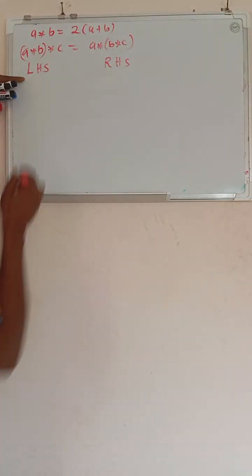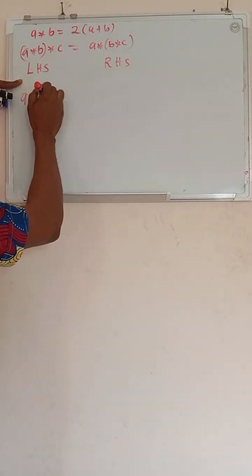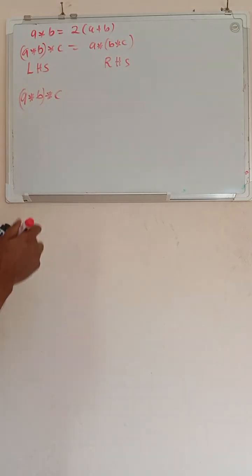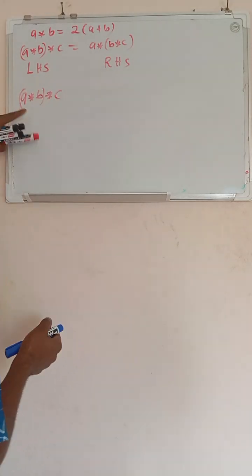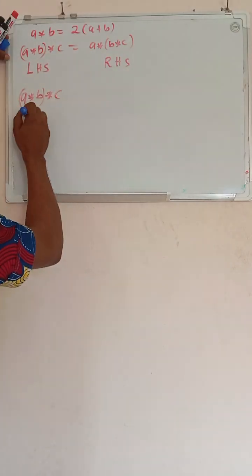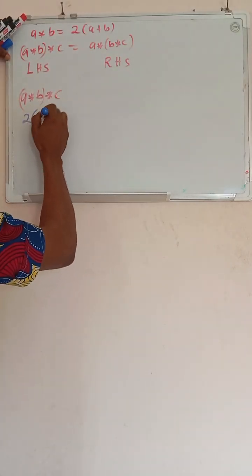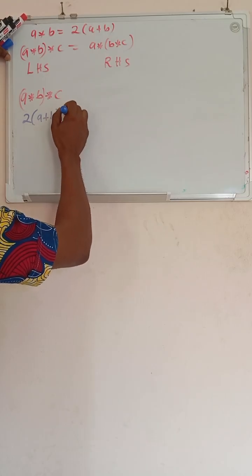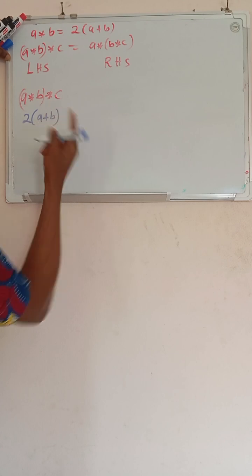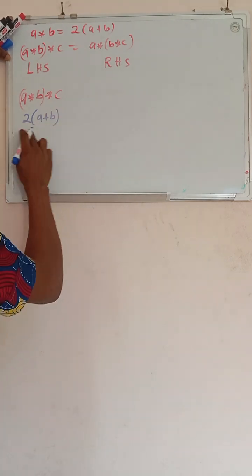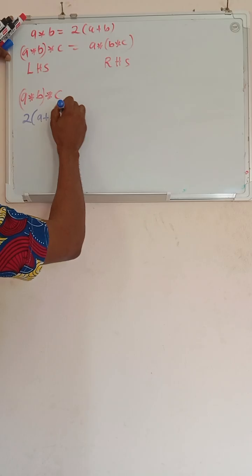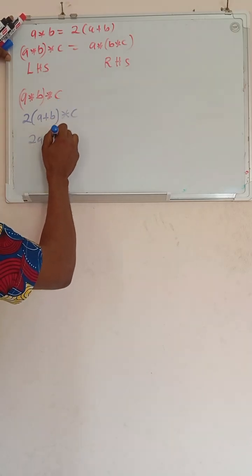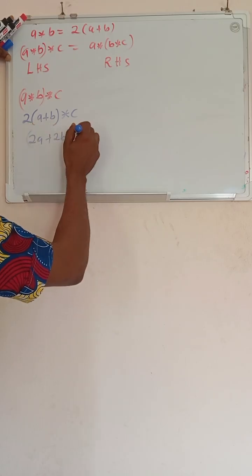Let's start from the left hand side: (A asterisk B) asterisk C. A asterisk B is equal to 2(A plus B). If you open it, this is 2A plus 2B, all asterisk C.